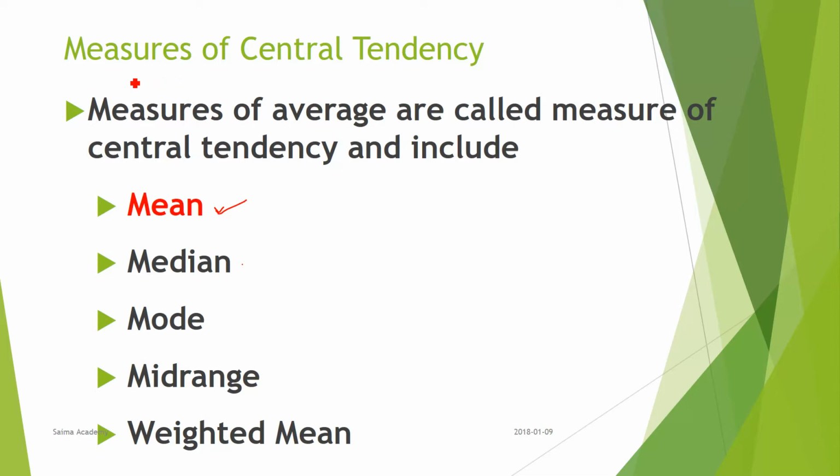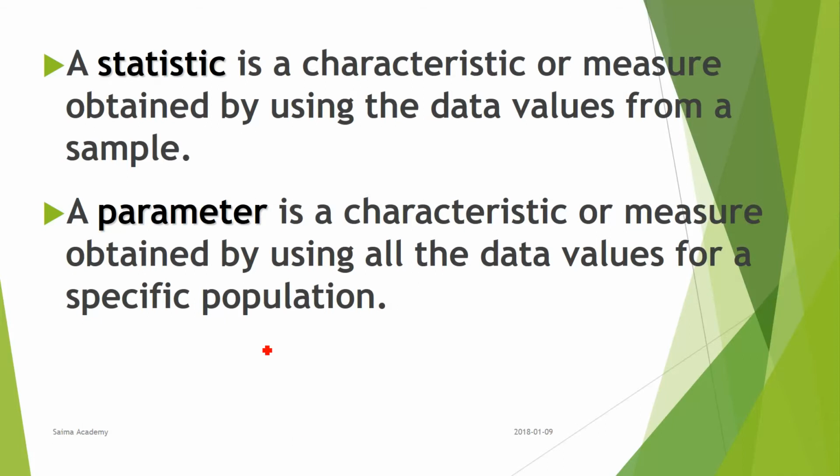So the topic is measures of central tendency. Measures of average are called the measure of central tendency. Keep in mind, when we measure the average, it is called the measure of central tendency, and these are the instruments or tools you can say.